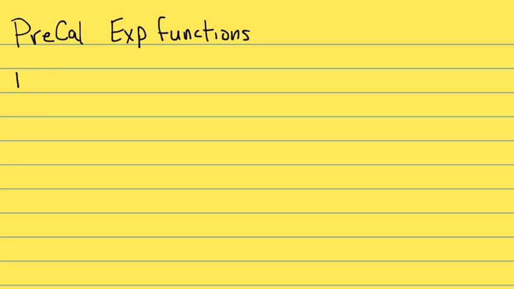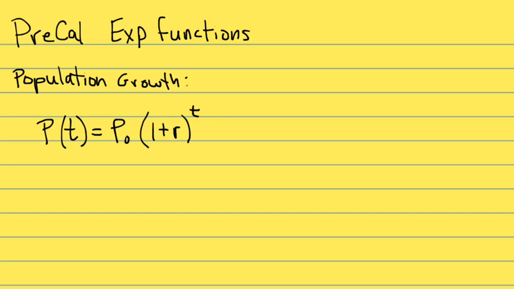Let's go back and talk about this. What you see here is a traditional population growth formula. It's related to compound interest, but it's not the interest formula because you don't have an n involved.